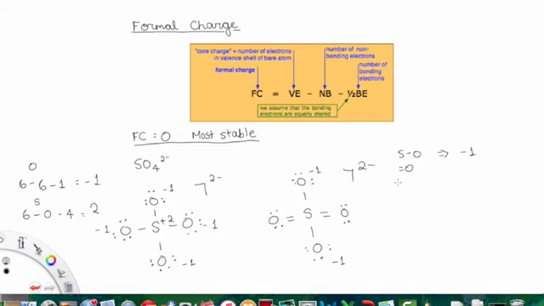So the number of valence electrons is the same, 6, minus the number of non-bonding electrons, which is 4 in this case, instead of the 6 before, since you only have these guys. And then the number of bonded electrons is 2. Since you have 4 electrons here, divided by 2 is 2. And you get a value of 0.